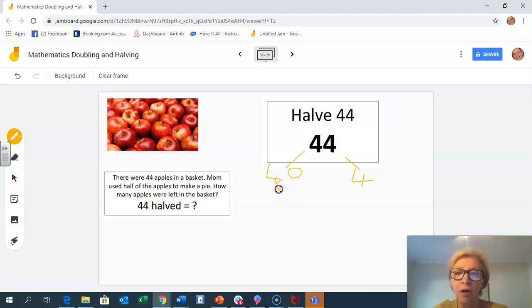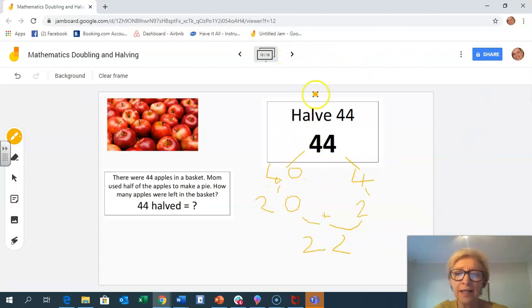So let's halve 40. Well, what's half of 4? It's 2. So half of 40 is 20. And what's half of 4? So if you have 4 sweets and you give half of them away, you only get 2 left over. But we need to bring these back together to get our final answer. So 20 plus 2 is 22.